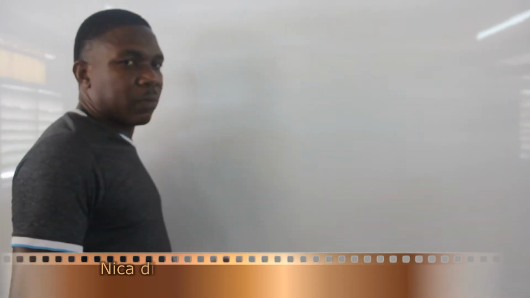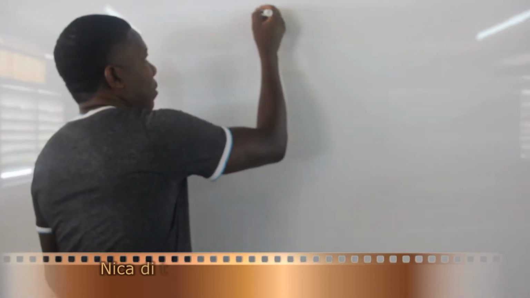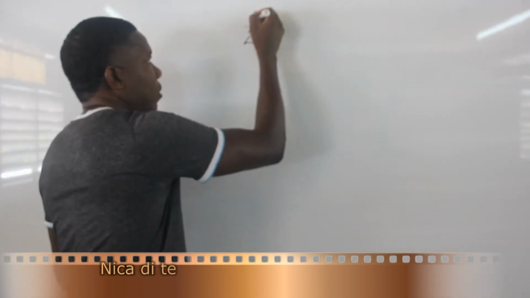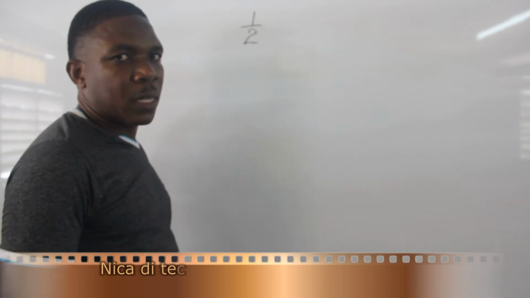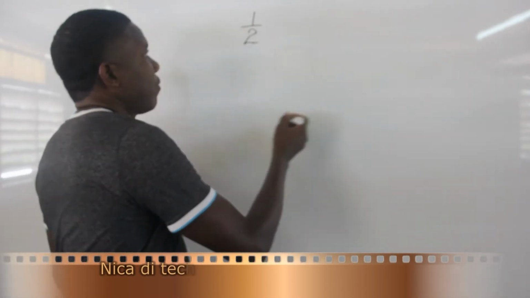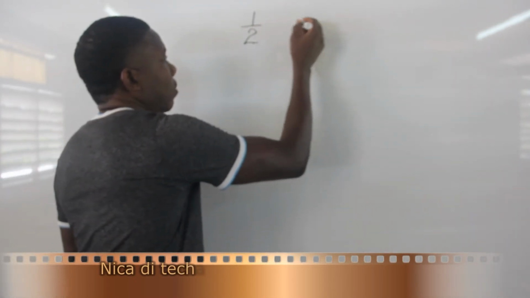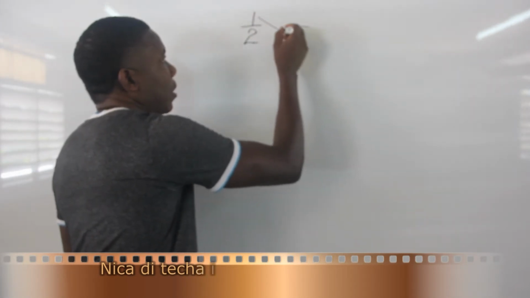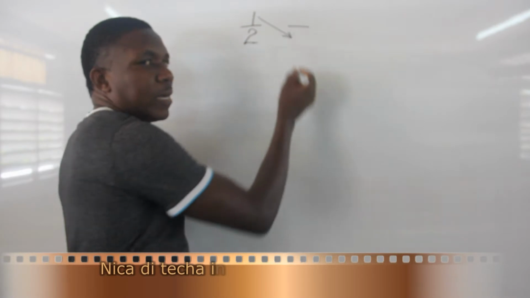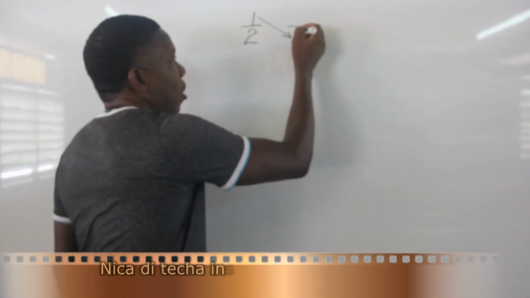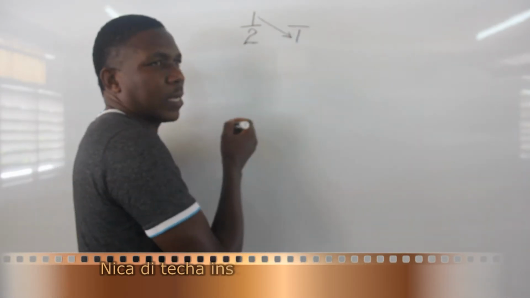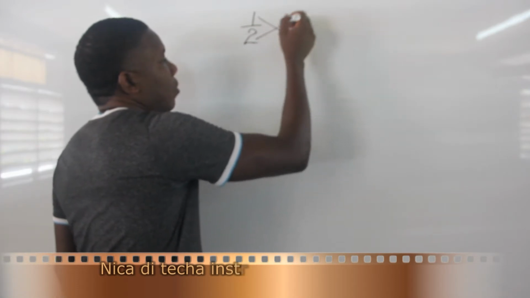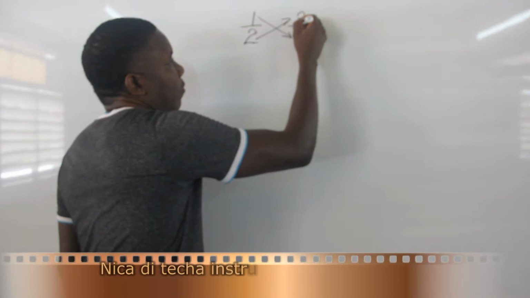So as I was explaining before, to find the reciprocal of 1 upon 2, which is sometimes called a half, we simply switch. Let's do it this way. We let our numerator become our new denominator for the reciprocal, and we let our denominator become our new numerator for our new fraction.